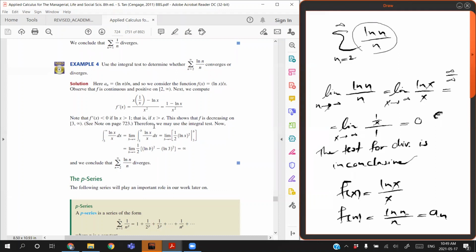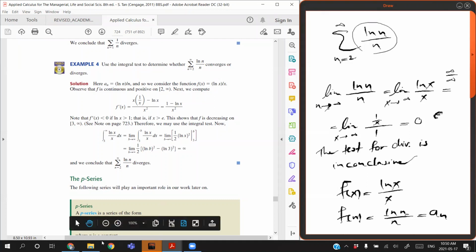That's because when x is e, ln of e is going to be 1, and when x is greater than e, ln of x is going to be greater than 1. So the numerator will be negative. That means right after e, this is going to be a decreasing function.